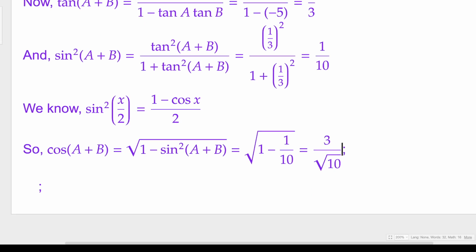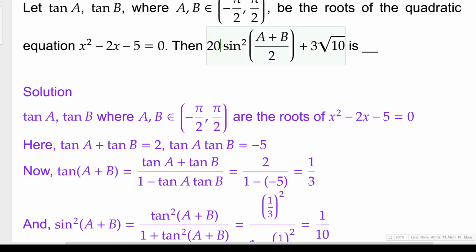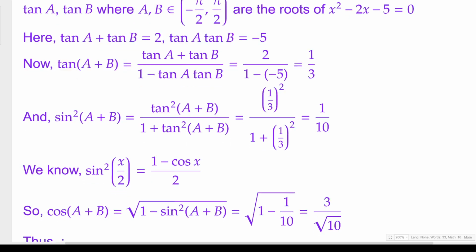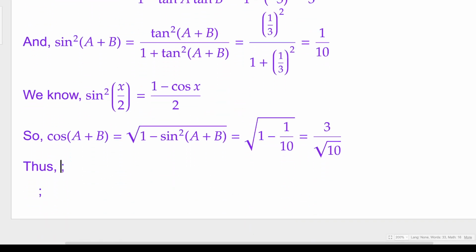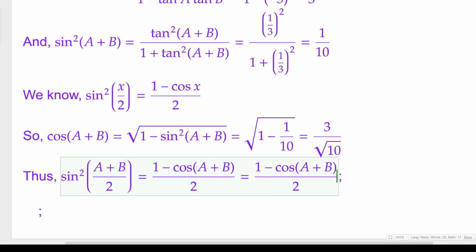Thus, sine squared of (A plus B) by 2 is the quantity that I need. Here I'll use this identity, with x replaced by the angle A plus B. Now I'll replace the value of cosine of A plus B which we have computed.